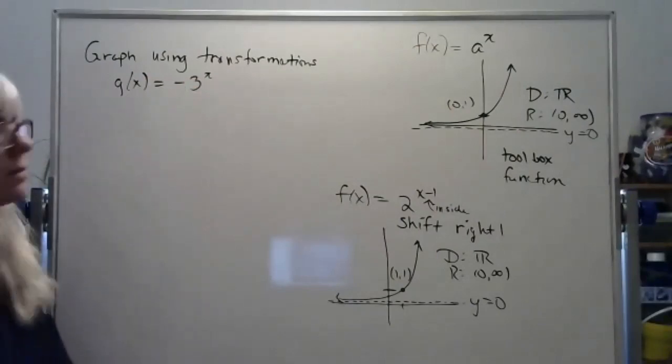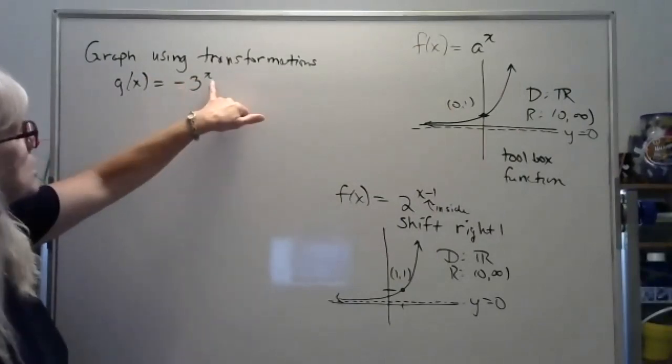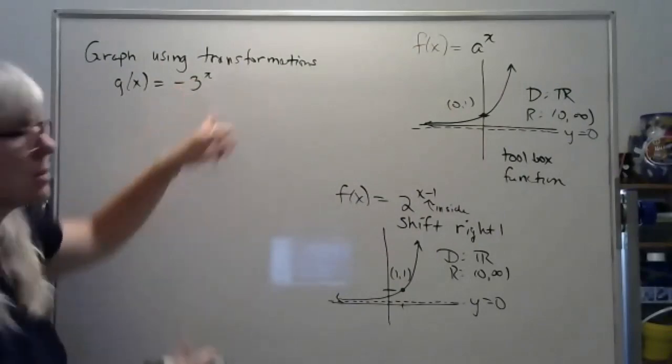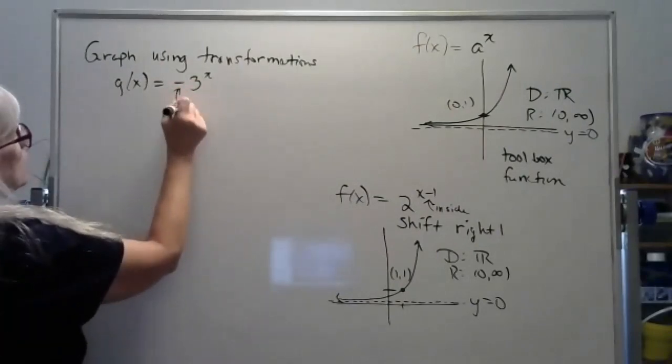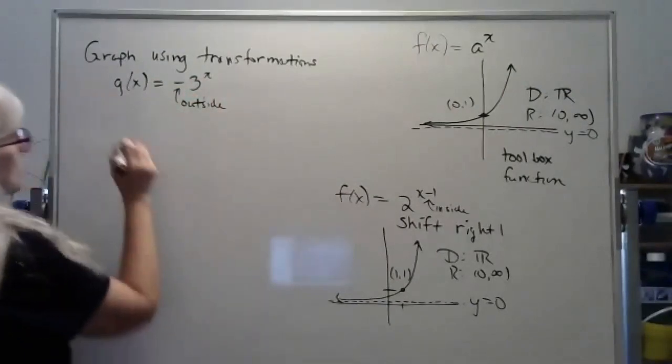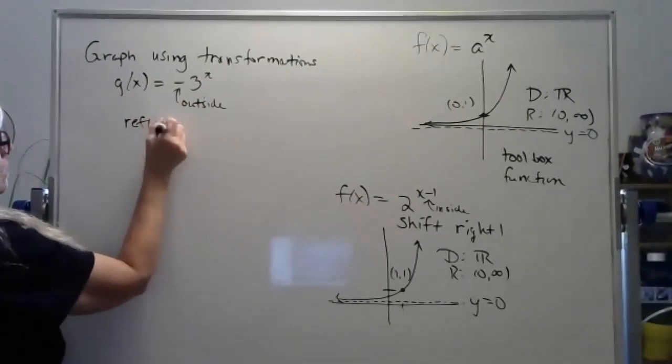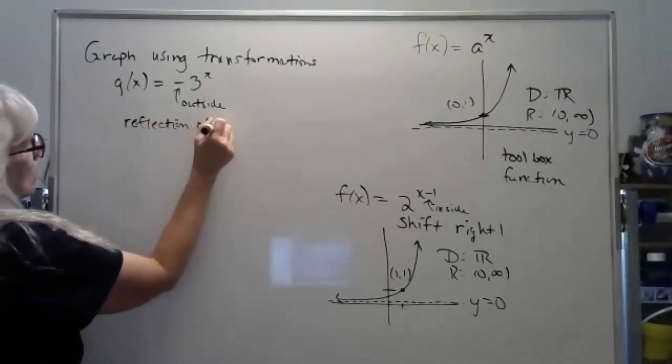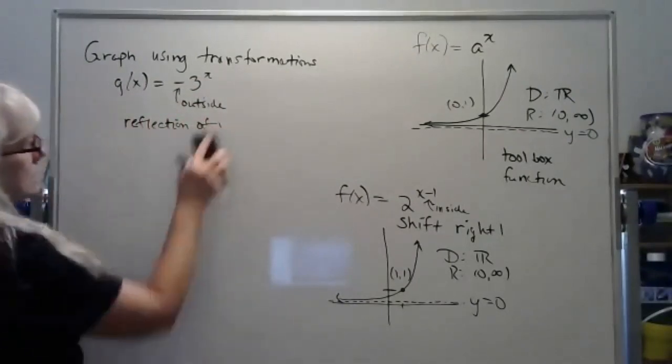So the negative is on the outside because it's not trapped up there as an exponent. So this negative is outside. Okay, and because it's outside, we know it's a reflection over the x-axis.